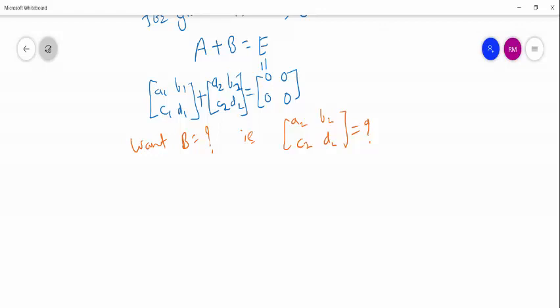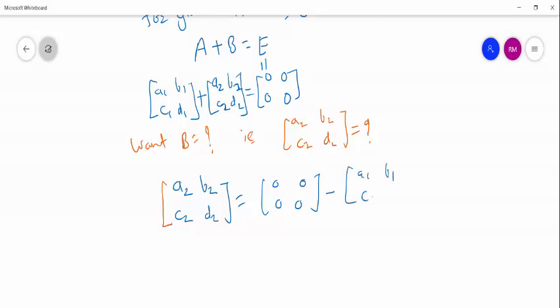So to find the value of B, we have to take the B matrix on the left hand side. A2, B2, C2, D2 is equal to 0, 0, 0, 0 minus A1, B1, C1, D1, which is equal to minus A1, minus B1, minus C1, minus D1.